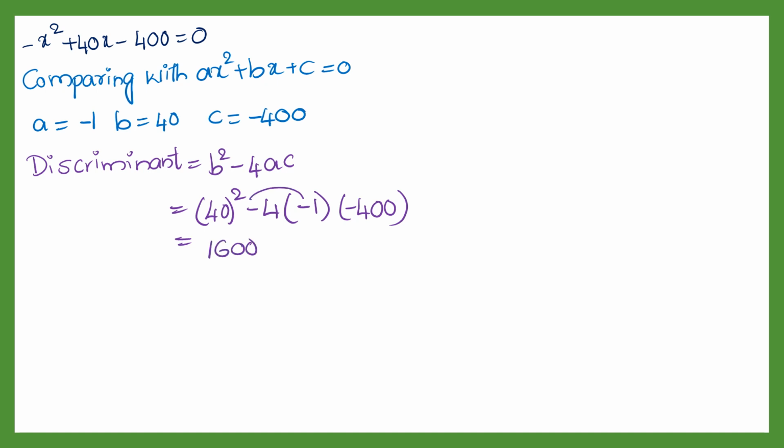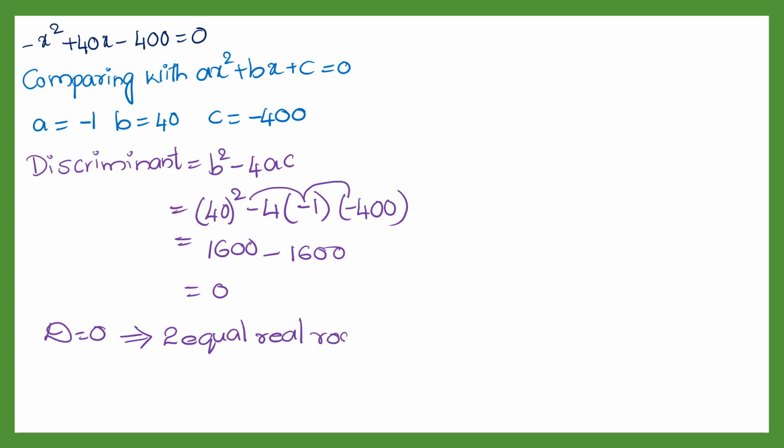Minus into minus is plus. 4 into 400 is 1600. You got 1600 minus 1600 is 0. Discriminant D is equal to 0. That means we will get 2 equal real roots. So the situation is possible.